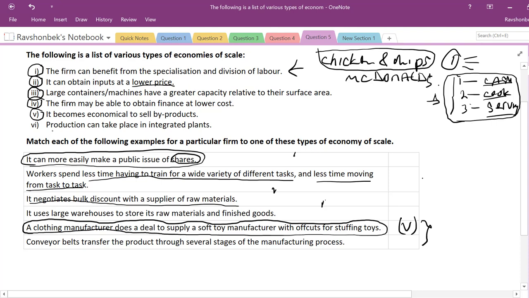Then production can take place in integrated plants. If you're large, usually you would be using conveyor belts or some sort of manufacturing process that would move your products, or automatic process would move your raw materials or work in progress products from one section of the factory to another section.